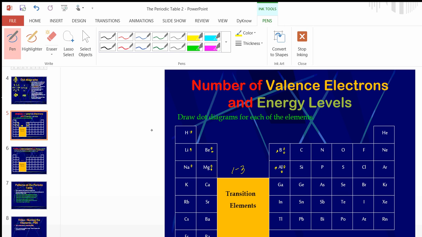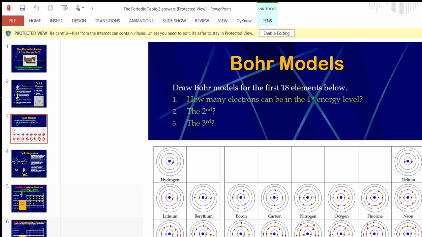Alright, so these have 1, and then as I said, this pattern continues on down the periodic table. So they all have 1 valence electron. Next column, same deal. If we go back and look at the Bohr models, 2 valence electrons, 2 valence electrons.